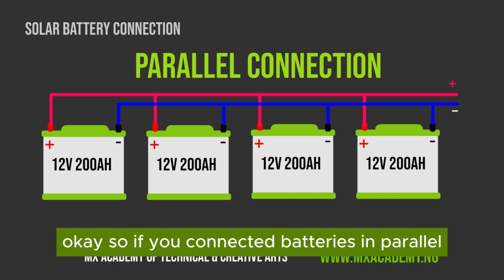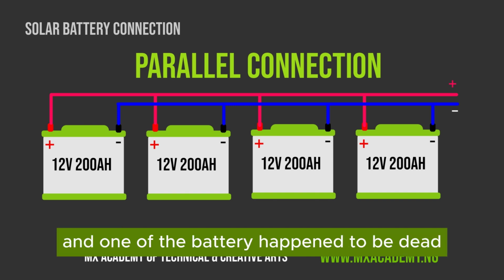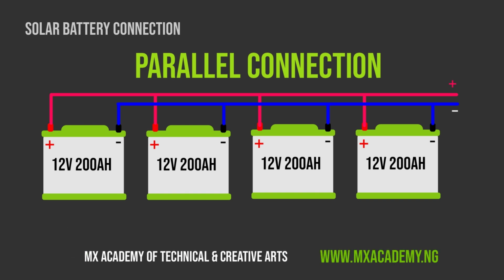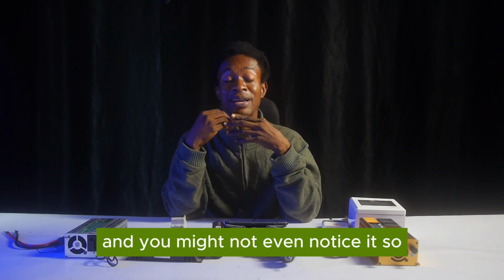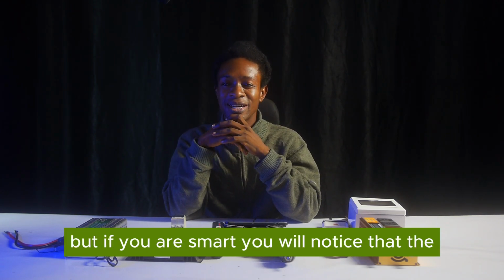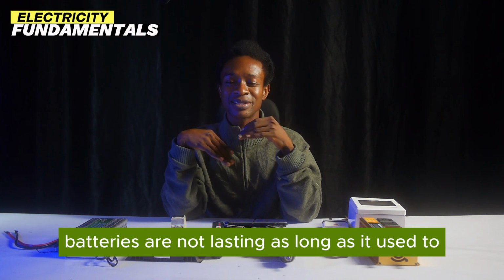If you connected 4 batteries in parallel, and one of the batteries happened to be dead, the remaining ones will continue working, and you might not even notice it. But if you're smart, you will notice that the batteries are not lasting as long as they used to.